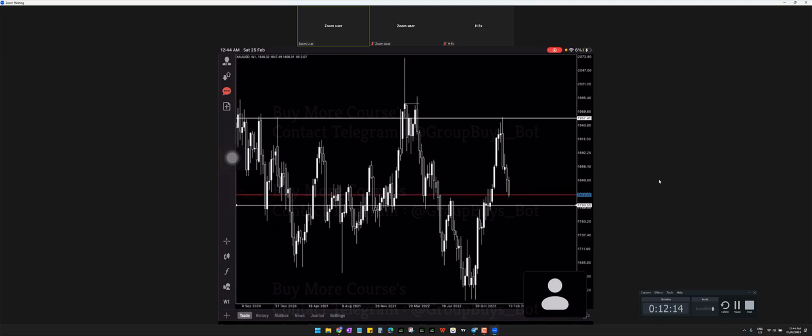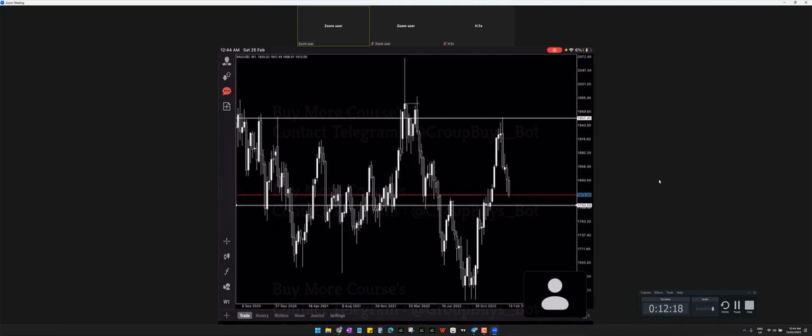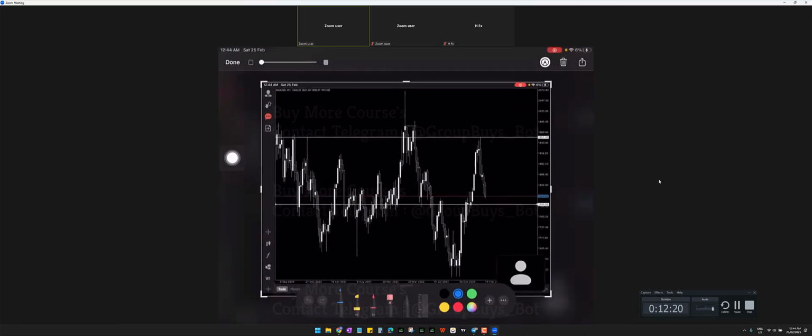Here is the first weekly. The price must finish the weekly resistance, then go to the weekly support. That's why the price is still in a downtrend.